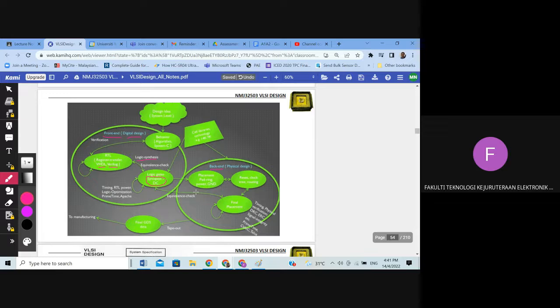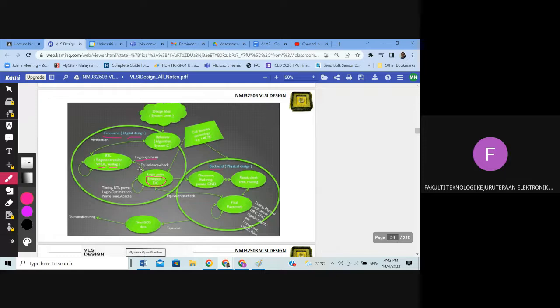For those who have done your lab 0, you will see how the multiplier coded in Verilog HDL was transferred, or synthesized, to standard logic gates. Before that, you also perform the behavioral or functional simulation to make sure that the written code functions as expected.